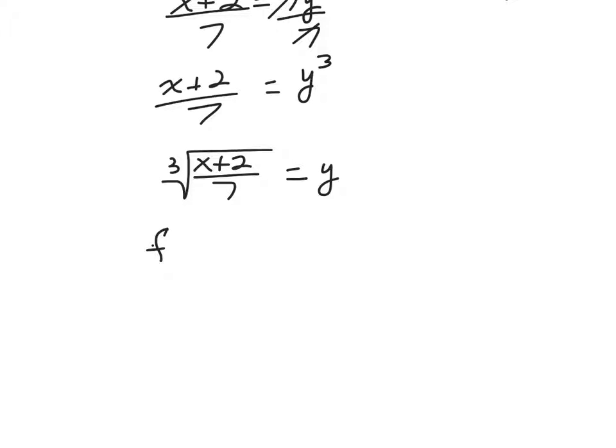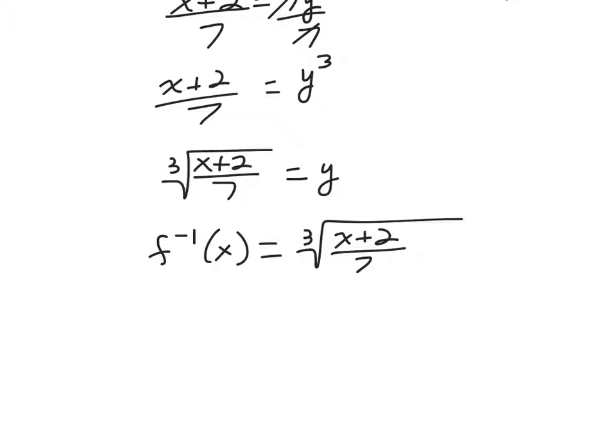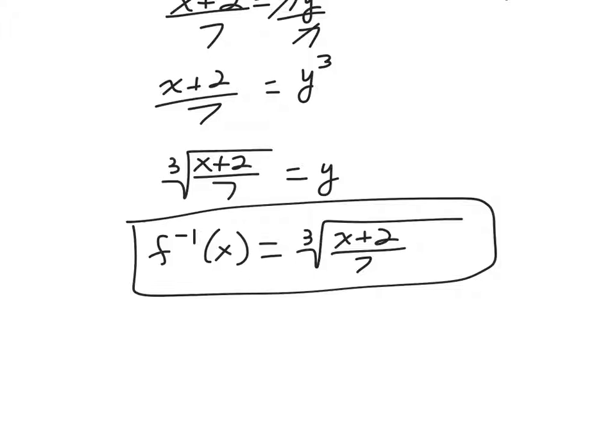I don't like that. What happened there? Let me erase that. F with the superscript negative 1, remember, means f inverse of x is equal to the cube root of x plus 2 all over 7. That's really what we were looking for on number 2 on the Chapter 4 test.